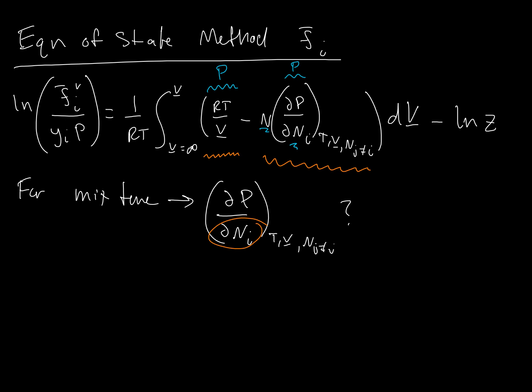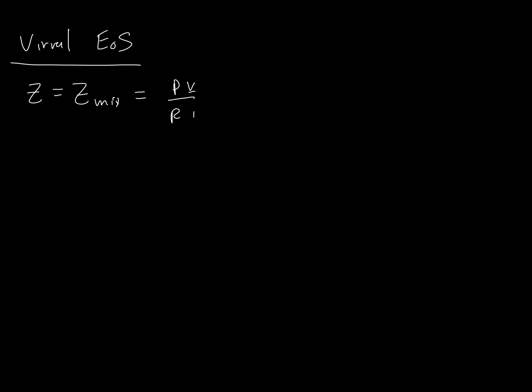So we're going to start off with the virial equation of state. We can rewrite it as Z, the Z of the mixture, which is equal to PV over RT, which is equal to 1 plus B of the mixture.